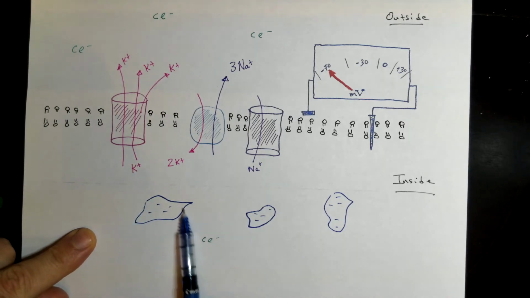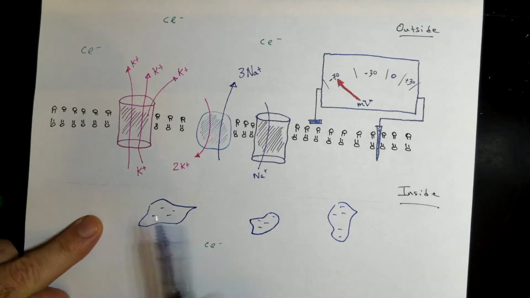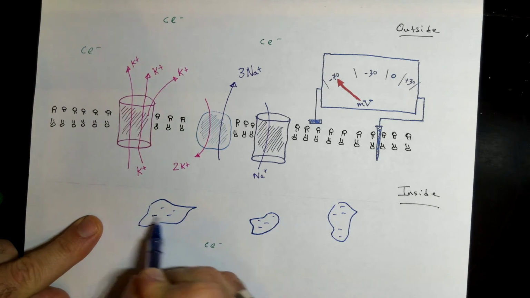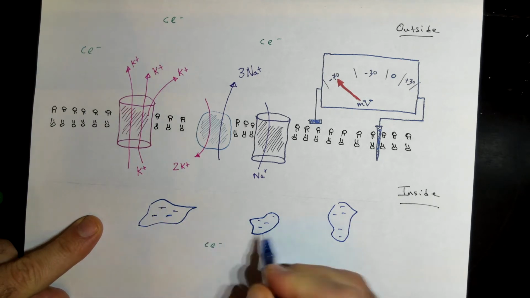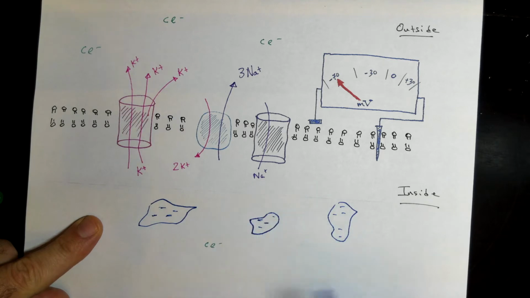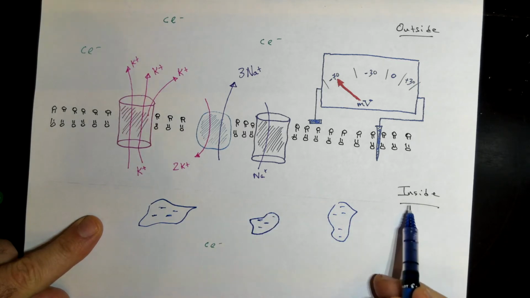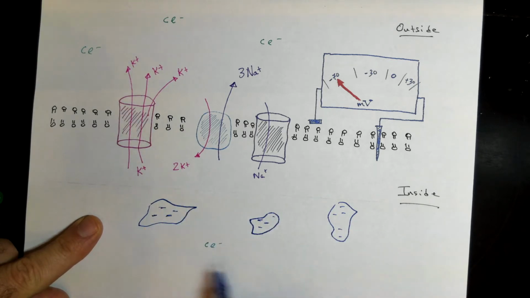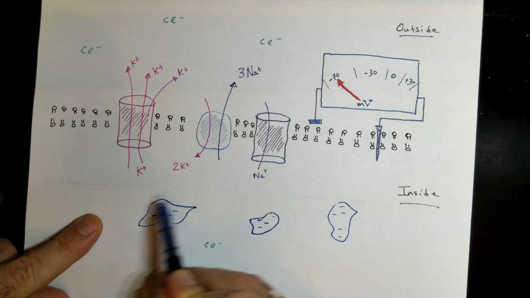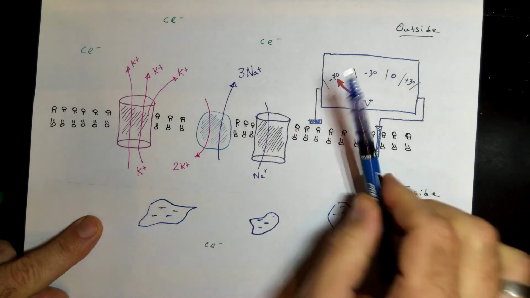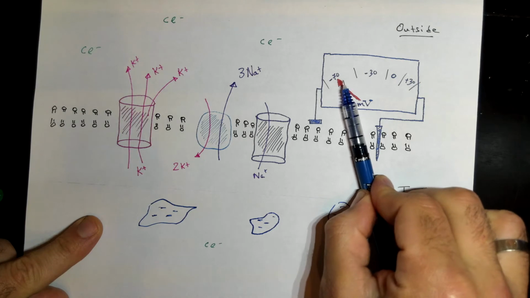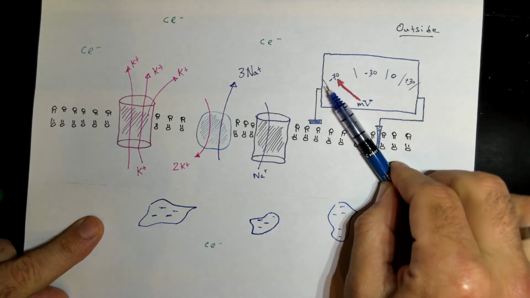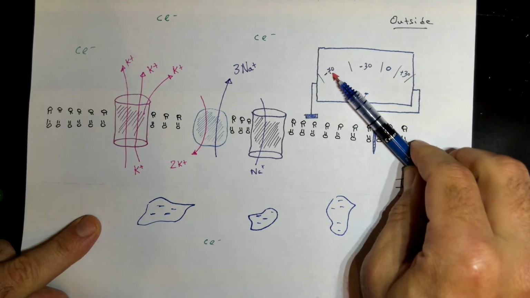So these big things are proteins, right? And you can see that these are the negative charges on them. And remember that these proteins are too big to cross the membrane, so they're stuck on the inside. And these negative charges really are going to build up within these proteins, bringing that needle ever more towards this negative 70 value.